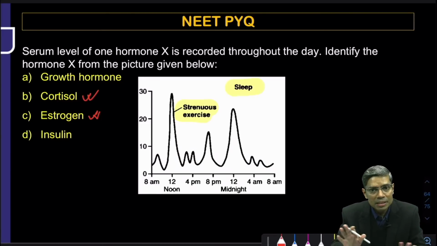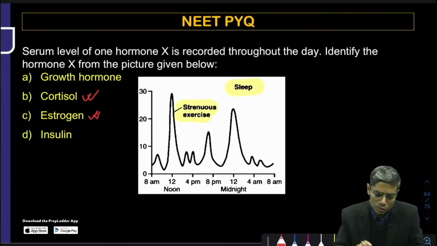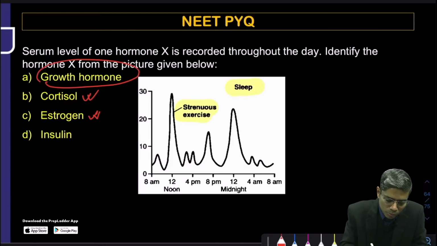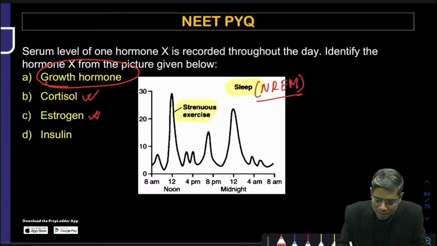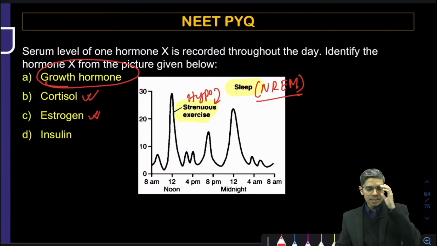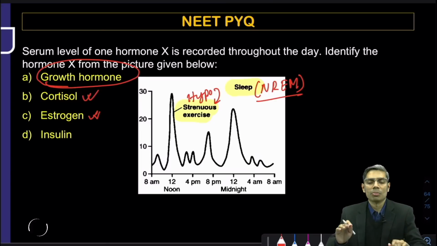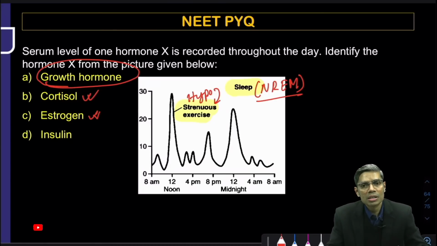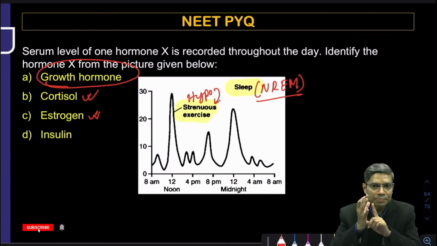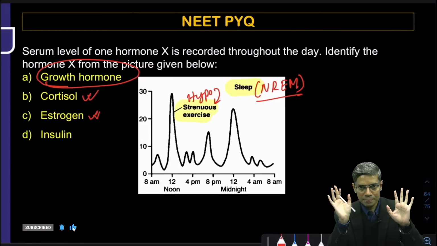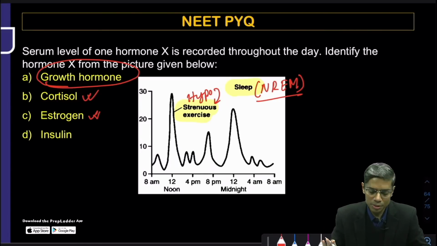Cortisol, sleep has not much role. Insulin is same. Only the growth hormone is affected by non-REM sleep as well as hypoglycemia. Hypoglycemia happens in strenuous exercise. So this is typical of the growth hormone. So the stimuli for growth hormone that you have to remember are hypoglycemia, strenuous exercise and non-REM sleep. Okay?